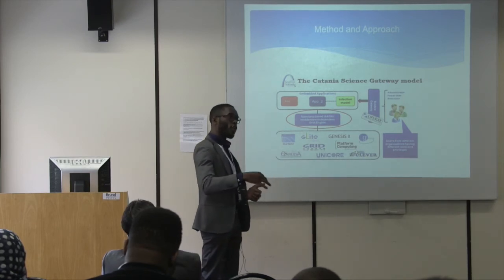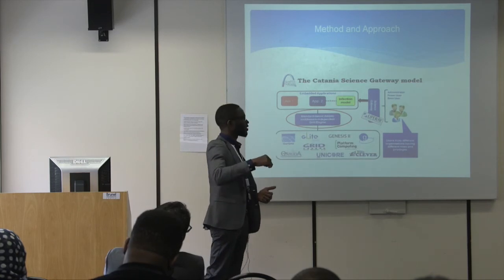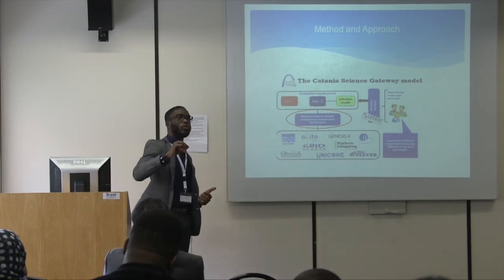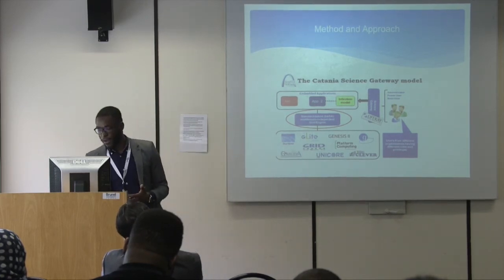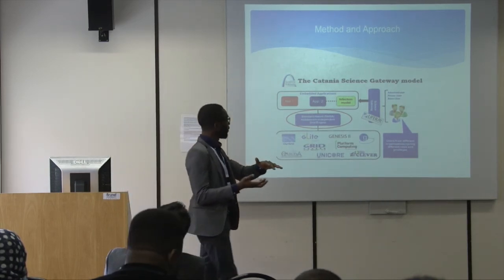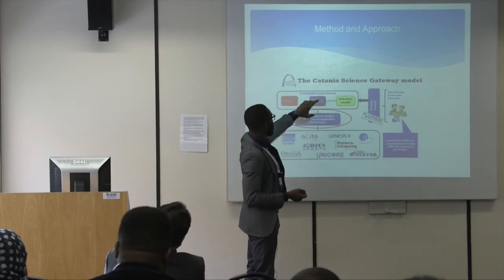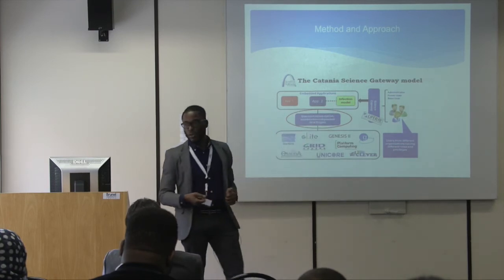And if the logon is successful at that level, the Science Gateway checks another registry for roles and privileges that a user might have. And from there, based on the roles and privileges, they are taken to the applications that the user wants to see, which in our own case is the infection model.